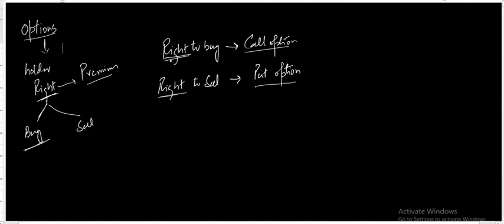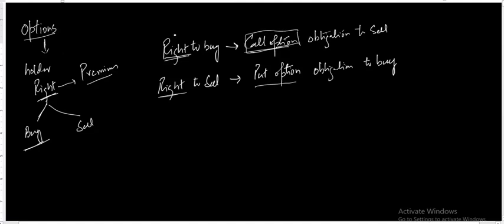Now if someone is getting the right to buy, there will be a party who has the obligation to sell. Similarly, if he has the right to sell, there might be a party who has the obligation to buy. Now in the call options, if a party has a right to buy, he is known as a long call party.